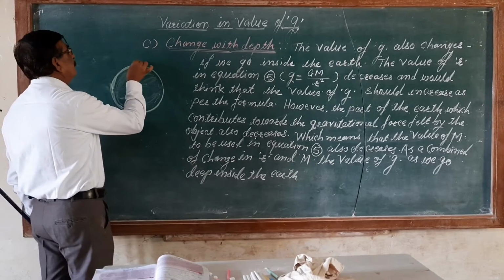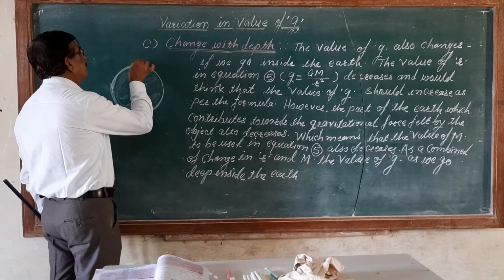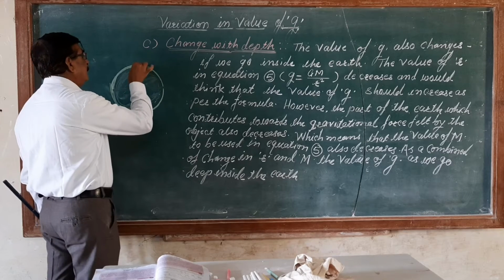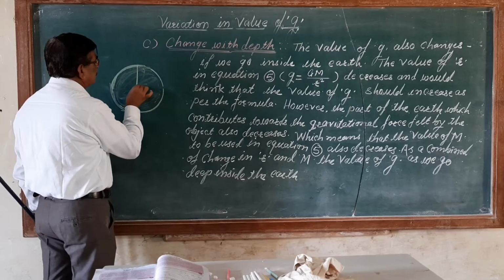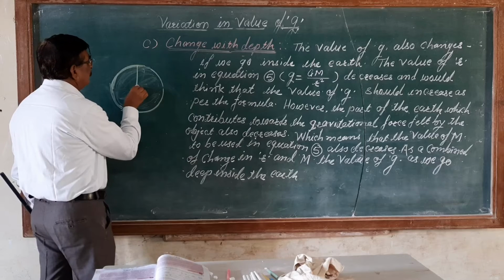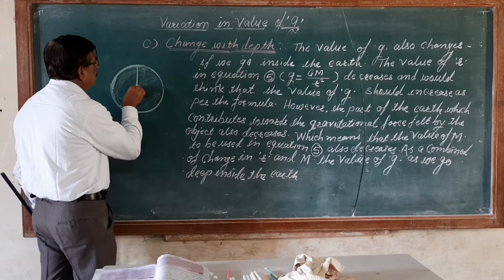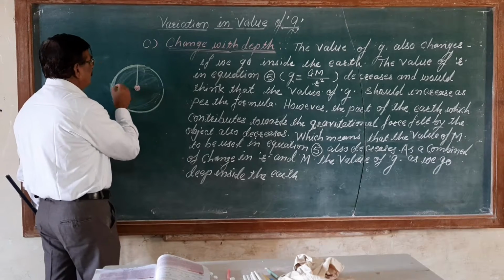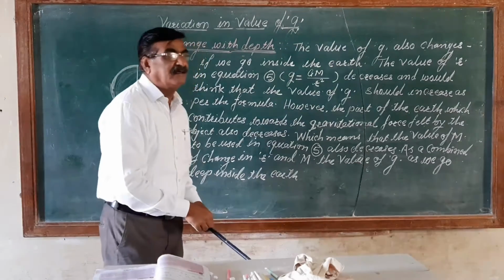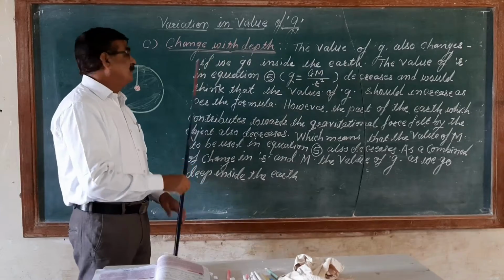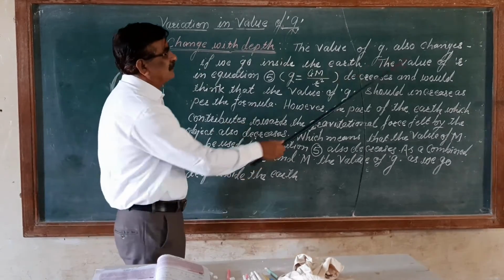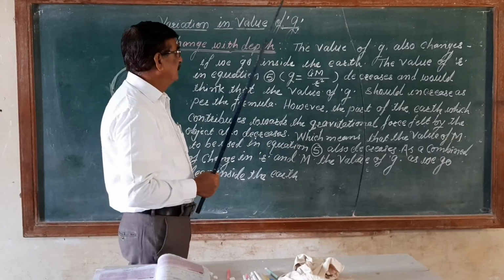Suppose we pass any object from the surface, and it reaches the center point. It is the inside point of the earth. What happens actually when the object is taken to that point? The value of g also changes.